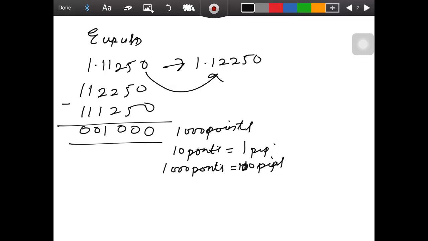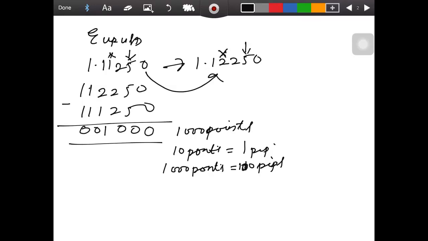So we can see here, if we focus on the 4th decimal place as our pip, we move from 1.11250 to 1.12250. What changed? This one is what changed.